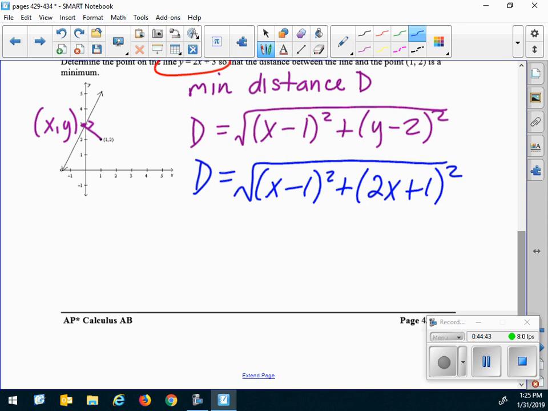Okay. So instead of taking the derivative of this, which I could absolutely do, I would have to do the chain rule because I'd have to put a big raised to the 1/2 power. That's what the author does. It's rather long, but very doable.